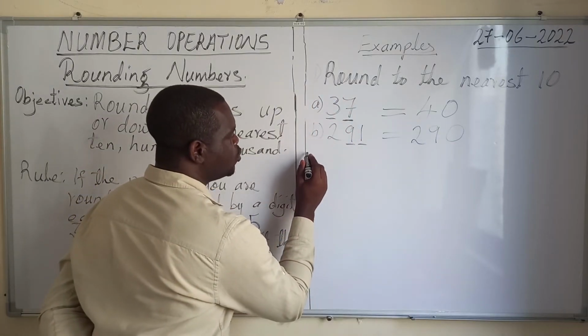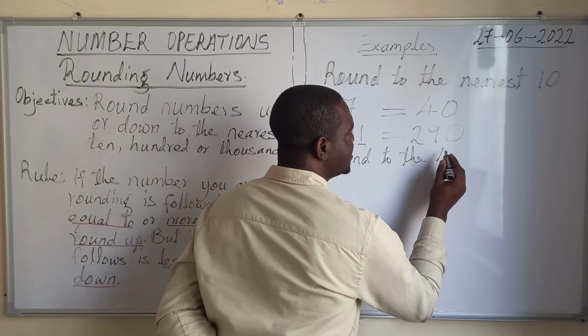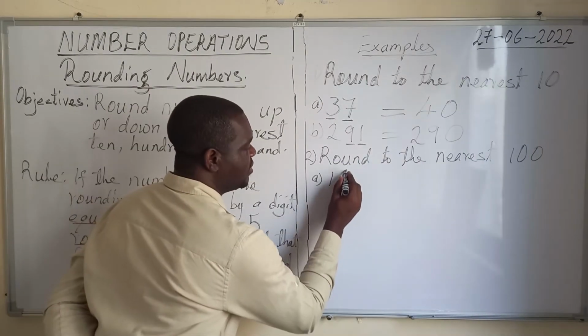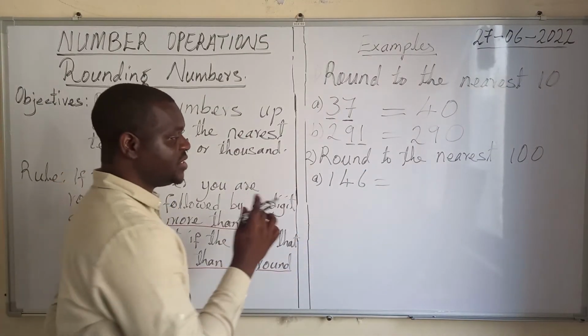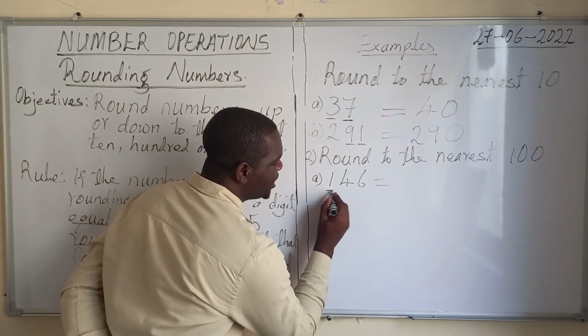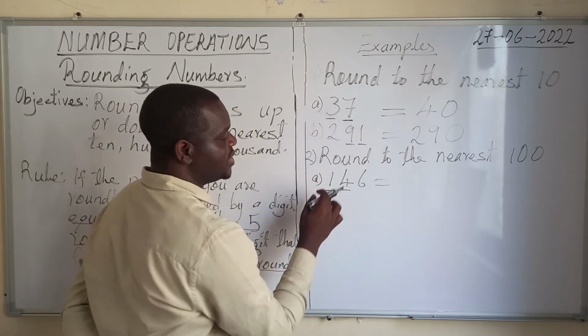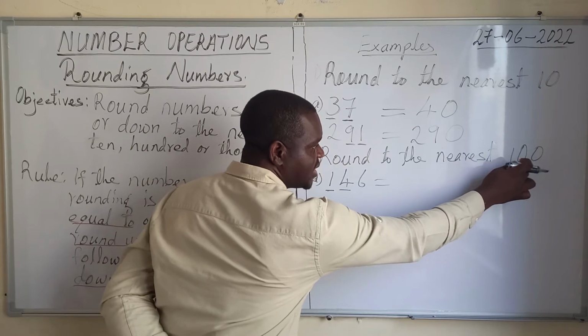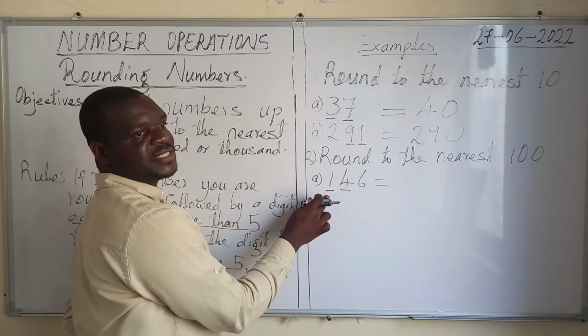Example 2. Round to the nearest 100: A, 146. What we are going to focus our attention on here is the 100 and 10 digits. Before it was 10 and unit, but when rounding to the nearest 100, we focus on the 100 and 10 digits.